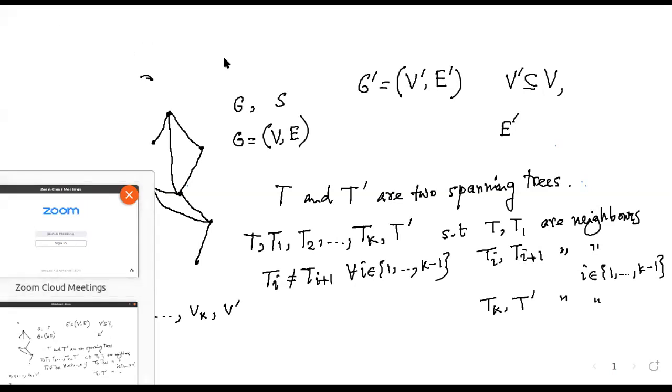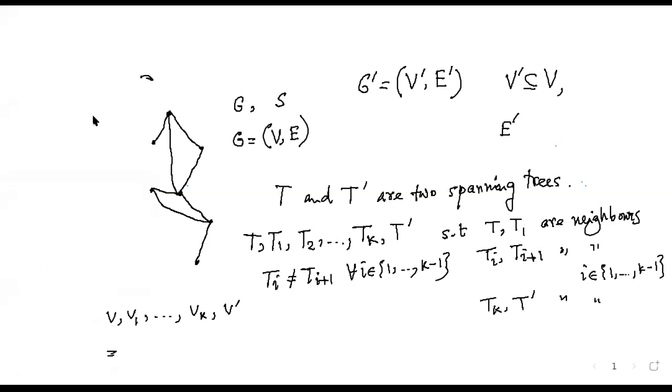If anyone is saying something, can you unmute yourself? Oh, why is v prime a subset of v? Since you're choosing a vertex from the set of vertices, v prime will obviously be a subset of v.